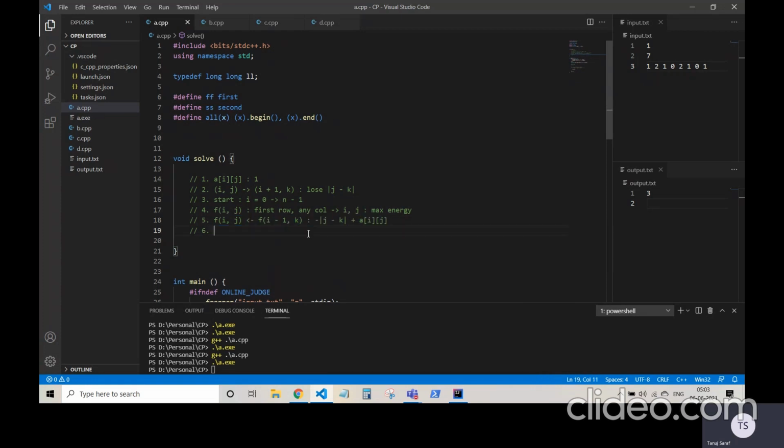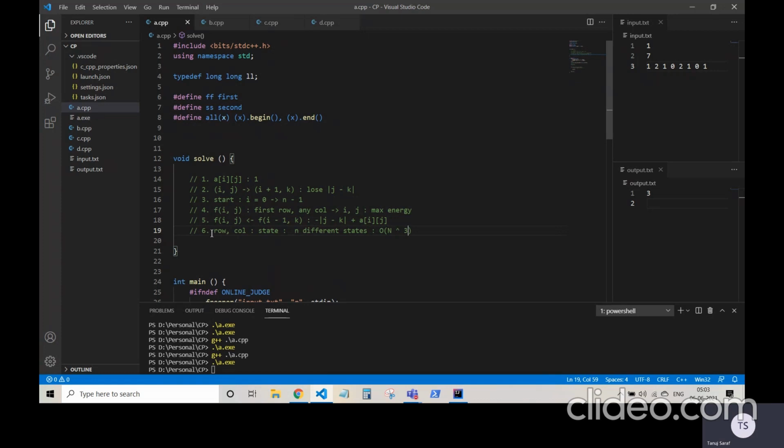So let's see what would be the complexity of this, right? So we have (i, j), we have two states, the row and the column. So this is the definition of a state, right? And from this particular state, we can go to n different states, right? We have n possible transitions. So this would lead us to an order n cube solution.